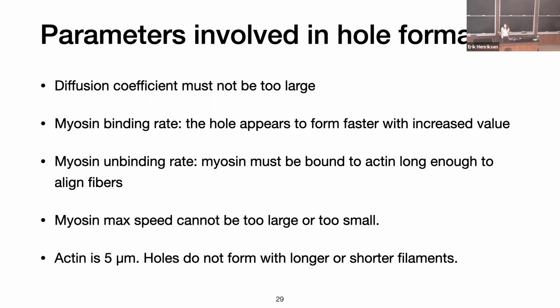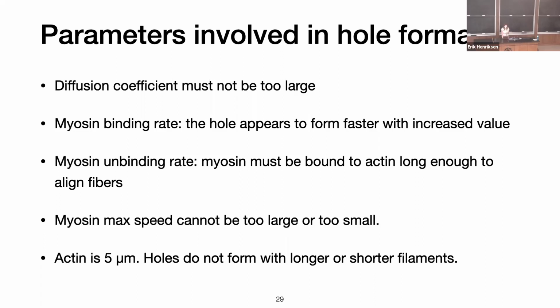And then we do need the maximum speed that it walks to not be too large or too small. Also, the length of actin is important. So you need your fibers to not be too long or too short with respect to the domain size. So this is relatively new work.